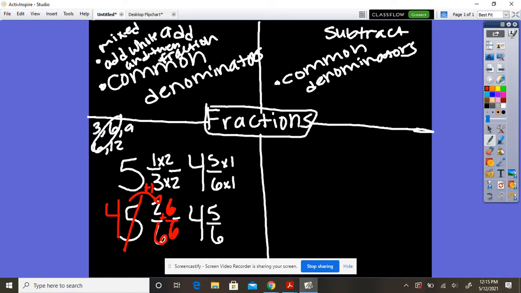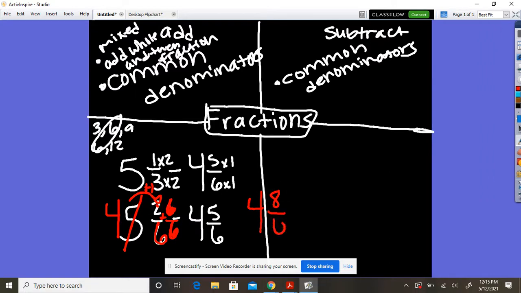So now we have 4 and 8/6 minus 4 and 5/6. So all we did is made our fraction improper by borrowing 1 from the 5. So now we can subtract. 4 minus 4 equals 0. And then 8 minus 5 is 3/6. This can be simplified into 1/2. So that's what I mean when I say we are going to borrow.